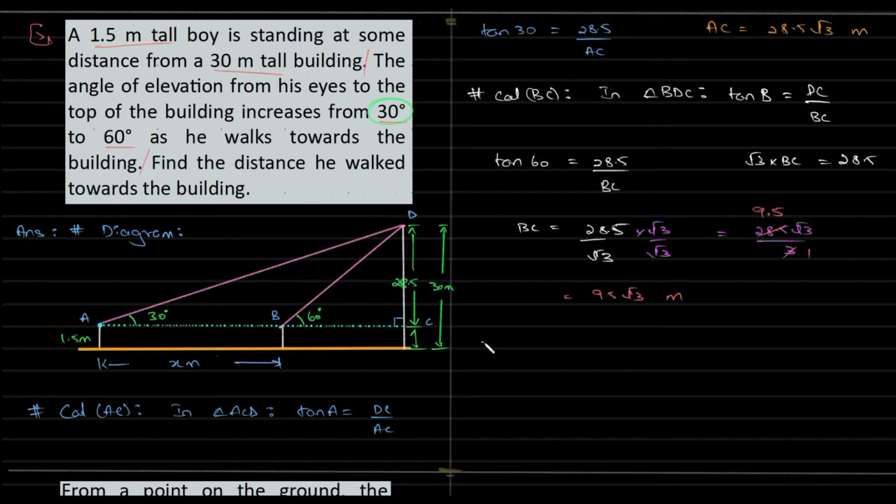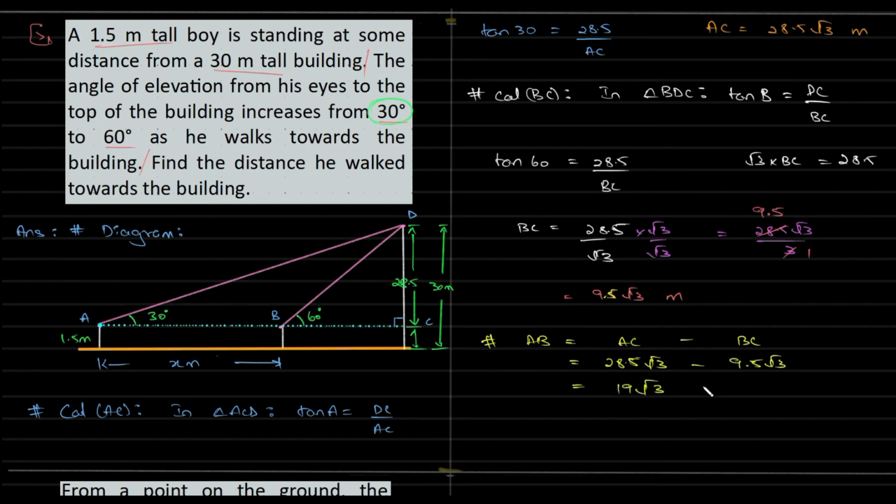Okay, so in the end we have AB is equal to AC minus BC. AC is 28.5 root 3 minus 9.5 root 3. So the difference is 19 root 3.